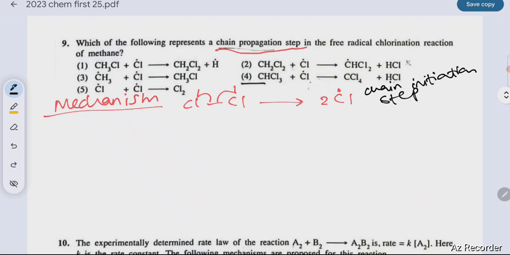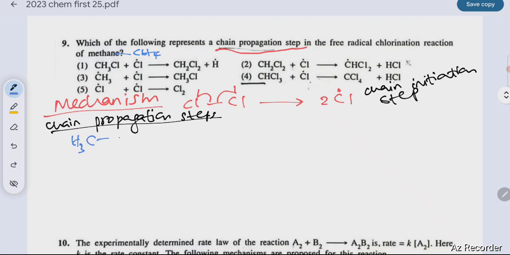Next come the chain propagation steps. So now the chain is initiated, now the chain should propagate. First one: for the free radical chlorination of methane, that is CH4, we can write it like this, CH3, and we are considering one CH bond here. This one is cleaved because of the radical from chlorine.